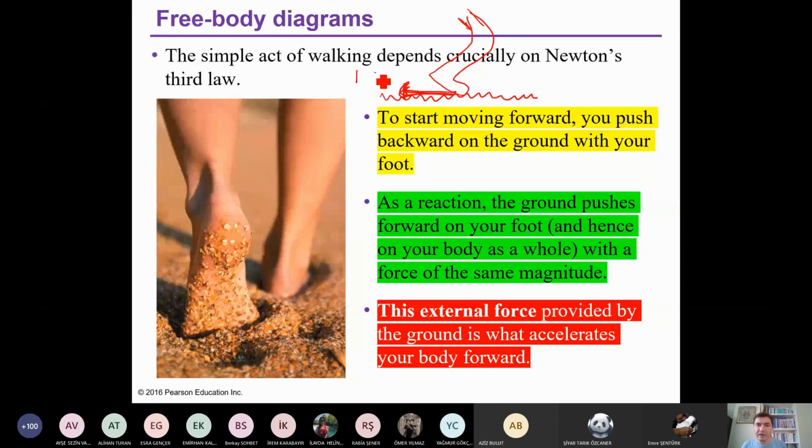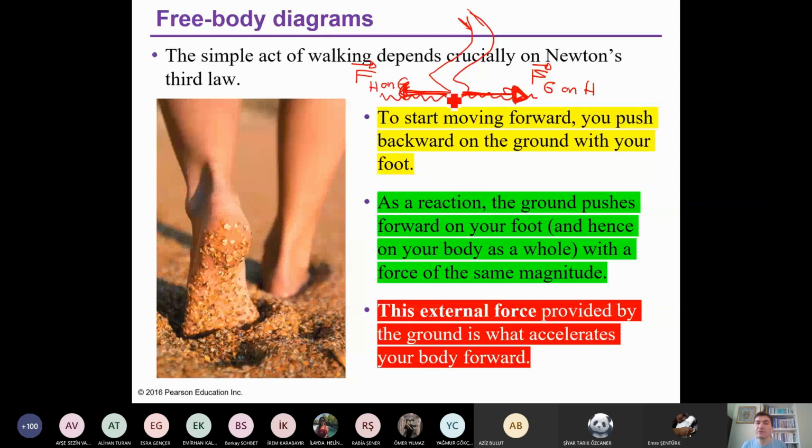This is the force applied by the human on the ground, okay? And then as a reaction, the ground applies this force, applied by the ground on the human, okay? So this is action, reaction.